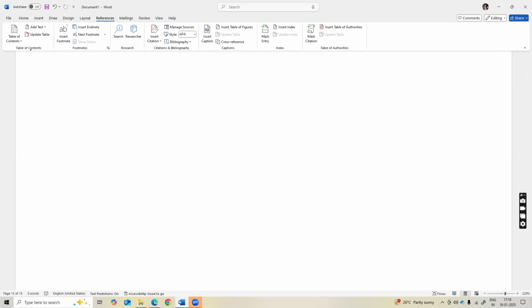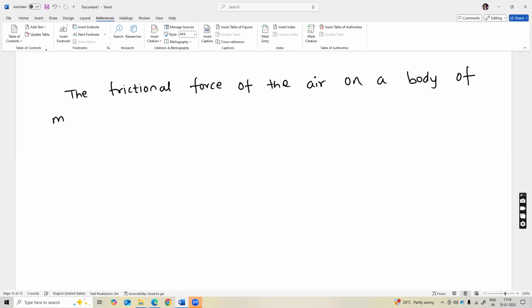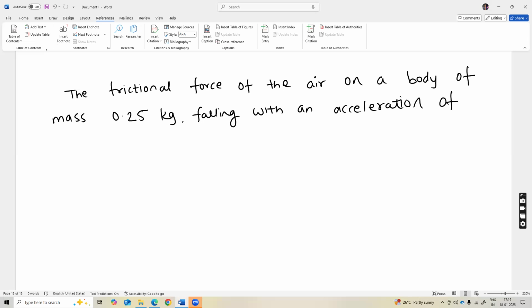So the frictional force of the air on a body of mass 0.25 kg falling with an acceleration of 9.2 meter per second square will be.